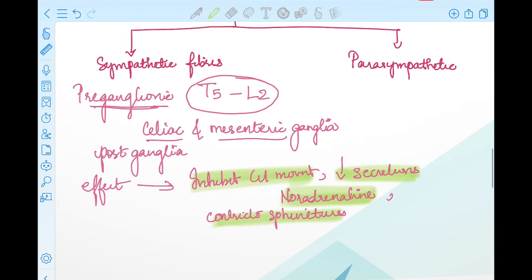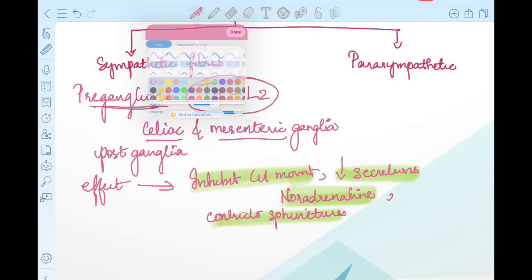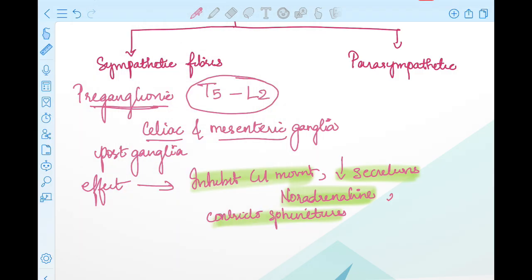Now, talking about the parasympathetic system. The parasympathetic system supplies the mouth and salivary glands via the facial and glossopharyngeal nerves. First year students might have already studied the cranial nerves in anatomy. We know the facial nerve is the seventh cranial nerve and the glossopharyngeal nerve is the ninth cranial nerve.